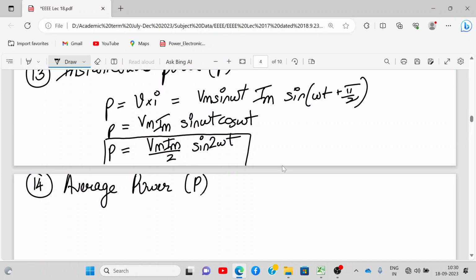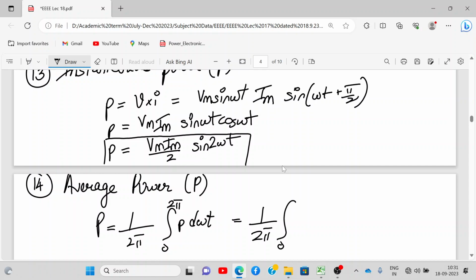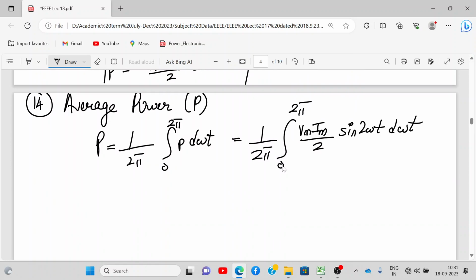Average power given by capital P will be finding the integral over this period, 1 upon 2 pi, integral going from 0 to 2 pi, P d omega t, that will be 1 upon 2 pi, 0 to 2 pi, Vm Im by 2 sine 2 omega t d omega t. Now again, if you solve this further, your average power will be 0.